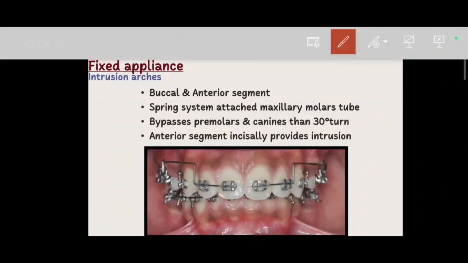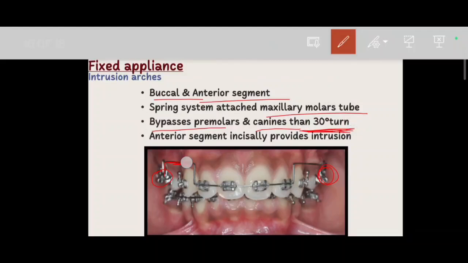Now the next method is intrusion arches. The feature is a spring system attached to the molar tube, with the buccal and anterior segments. The spring system is attached to the maxillary molar. It bypasses the premolar and canine, and then takes a 30-degree turn.